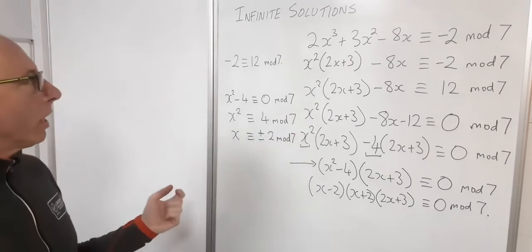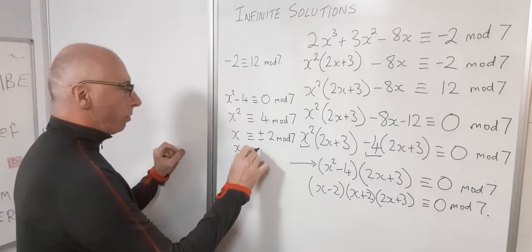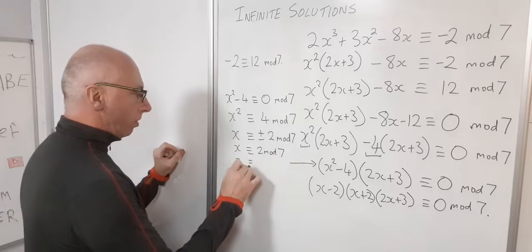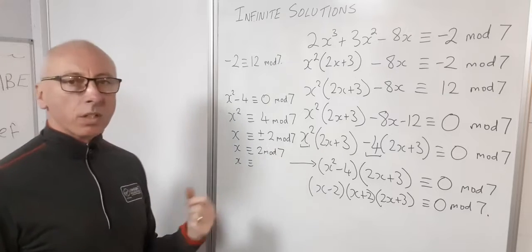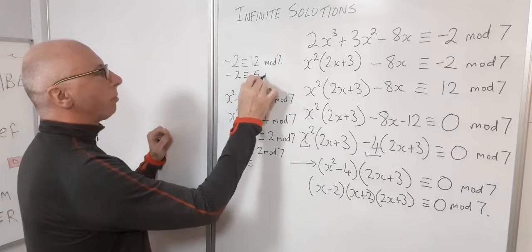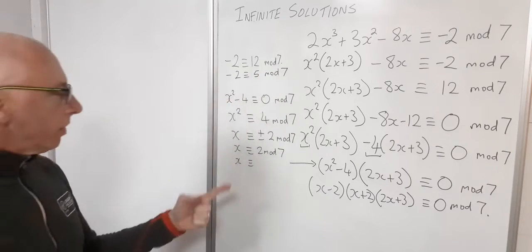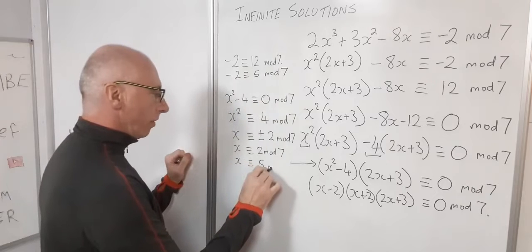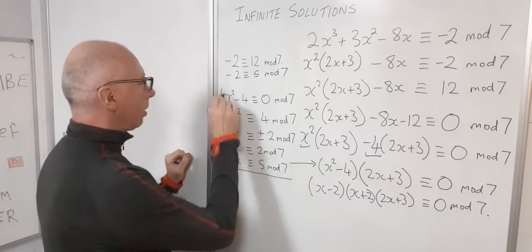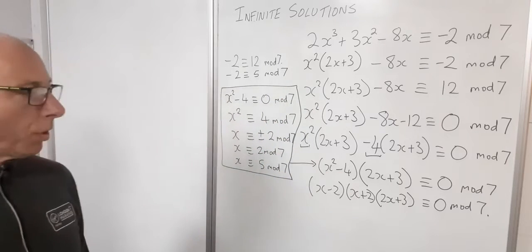So that's going to give me two solutions of x is congruent with 2 mod 7, or x is congruent with, well, minus 2 is congruent with 5. So if I write that up here to show my working, minus 2 is congruent with 5 mod 7, so x is congruent with 5 mod 7 will work for this part. So that takes care of my first group.